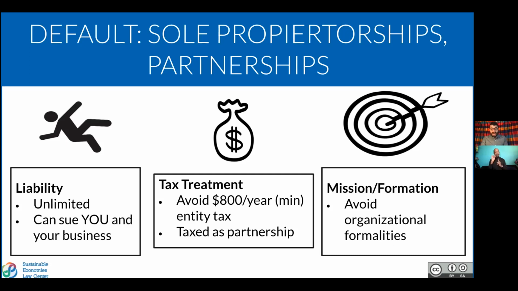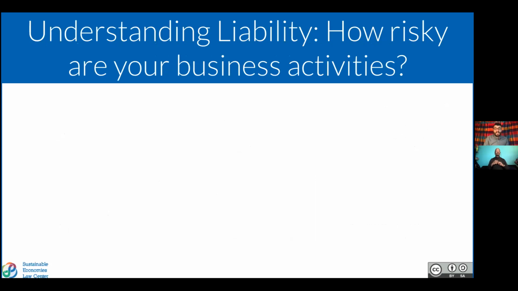So maybe right now, a few of you are wondering, how do you protect your assets? So understanding liability. This is really about assessing risk. So liability issues. Think about all the activities that your business will engage in and the risks these activities may create.